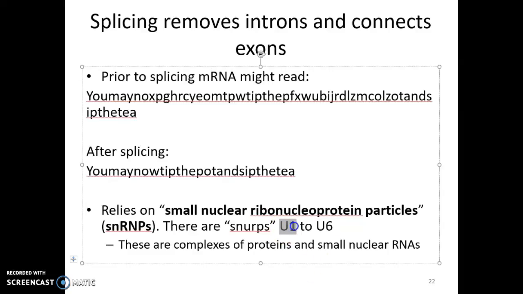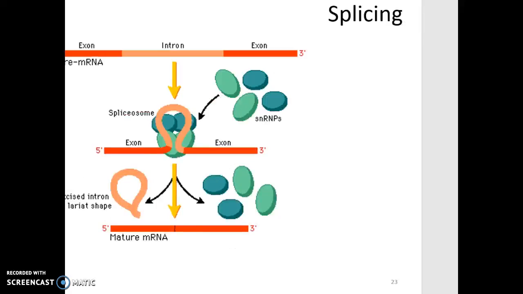Each individual one is built by combining small nuclear ribonucleoprotein particles, little proteins, and small pieces of RNA, snRNA. A set of SNRPs will allow the cell to splice messenger RNA.